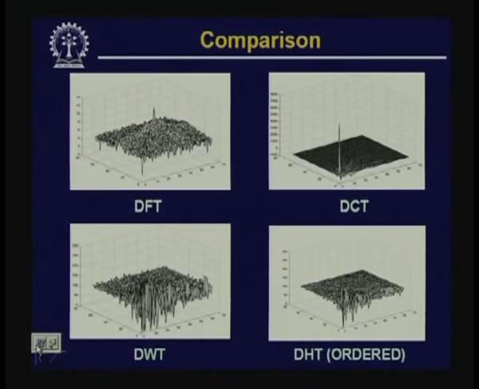Still, because of this energy compaction property, the Hadamard transform as well as the Walsh transform can have some application in data compression operations. With this we come to the end of our discussion on the discrete cosine transformation, discrete Walsh transformation and discrete Hadamard transformation, and we have also seen some comparison with the discrete Fourier transformation.